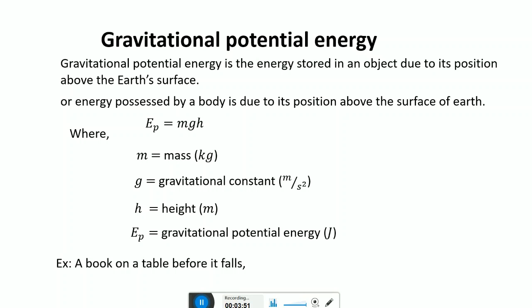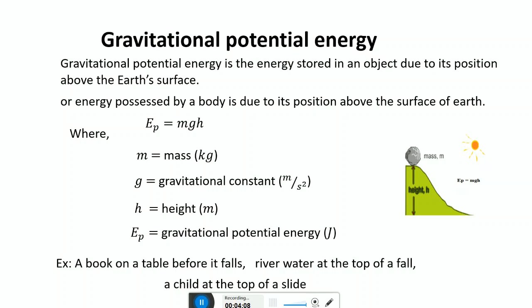For example, a book on a table before it falls, river water at the top of a fall, and a child at the top of a slide. The figure shows gravitational potential energy.